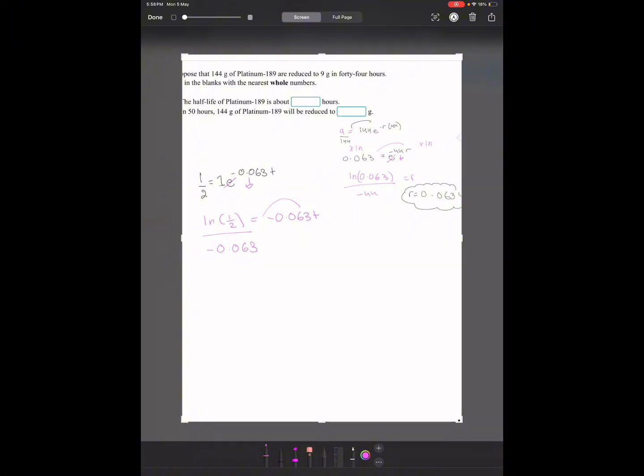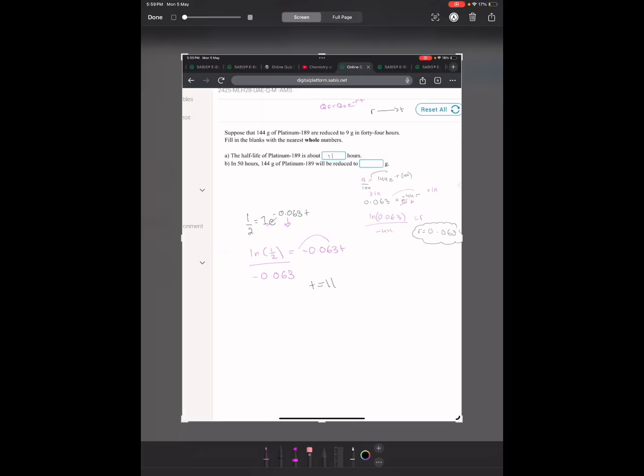I'm gonna just type this in, ln 1 over 2 over 0.063. You get 11. So time is 11. And that's the answer for the first one.